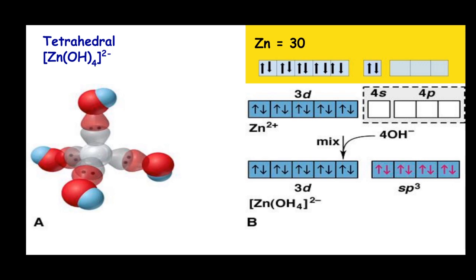These 4 orbitals hybridize to give 4 hybrid sp3 orbitals in which 4 hydroxyl ligands overlap with their filled orbitals and make tetrahedral complex. As in this complex there is no unpaired electron in 3d orbital, so the complex is diamagnetic in nature.